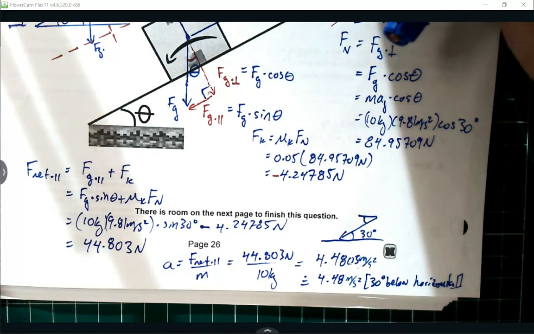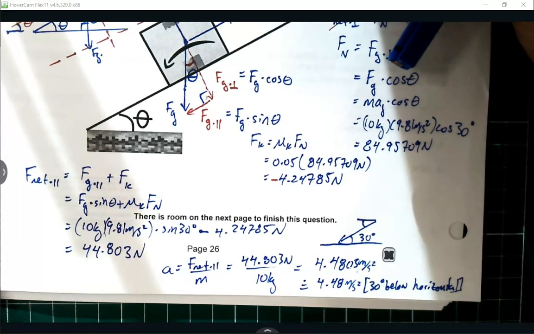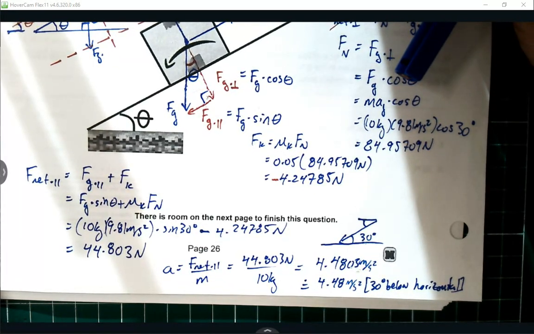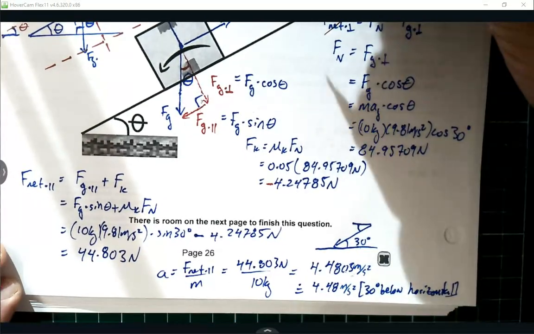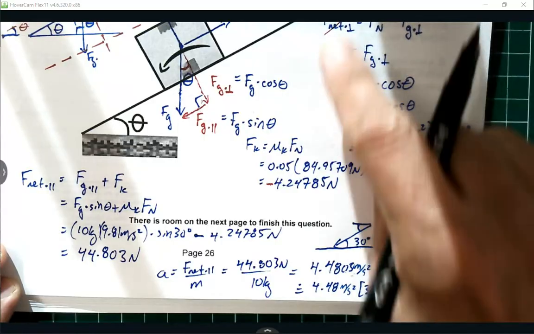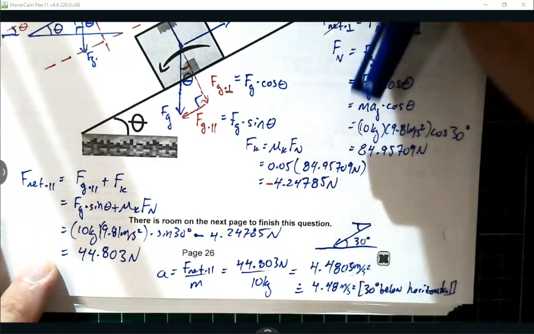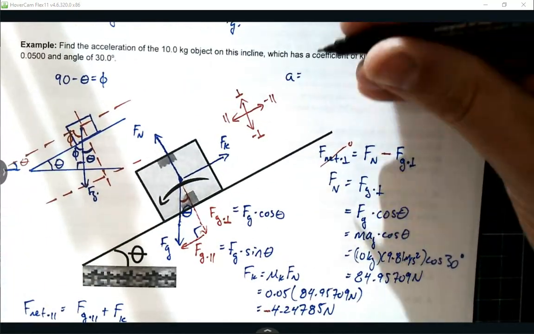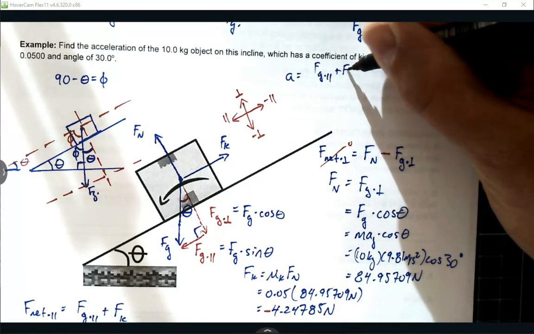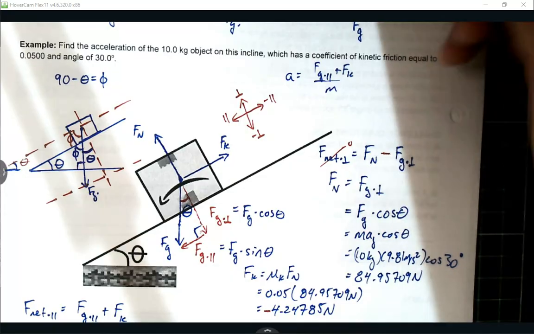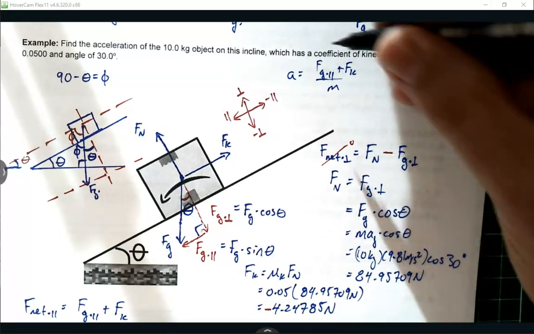Now, there's always people that say, well, all of that, could we have written a generalized equation? And of course the answer is yes. I can do a little bit of backwards thinking and say, okay, well, the acceleration of the system, that's going to be F net parallel. Well, F net parallel was F g parallel plus F k divided by the mass of the system. Could I expand that out?